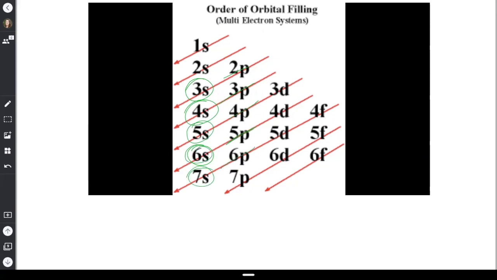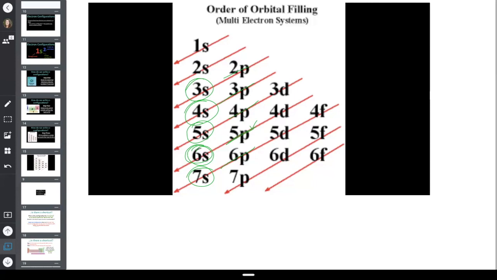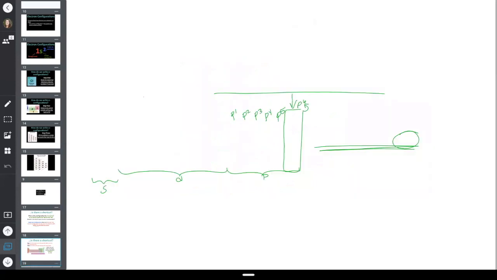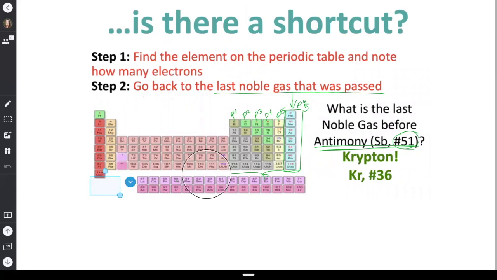So for those of you who want to know the why behind everything, this is why we have to use the noble gas, because it finishes up that p orbital and leads us into the next energy level. And remember that the energy levels represent the row in which the element is. So that noble gas fills up that p orbital and leads us into the next row, and that's what allows this to work. So for those of you who always need to know why, that is your why for the noble gas. Now let's look at why we use krypton here.